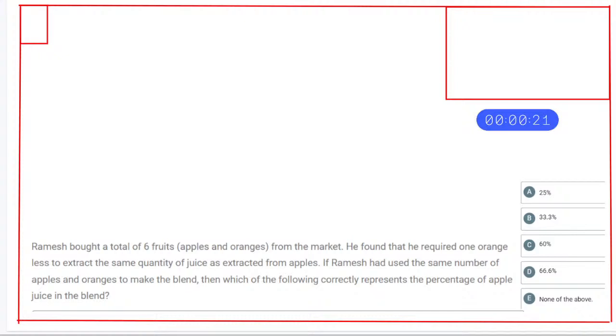Thank you, Raw On, for the feedback. Have you tried this question, Shubham and Raw On?